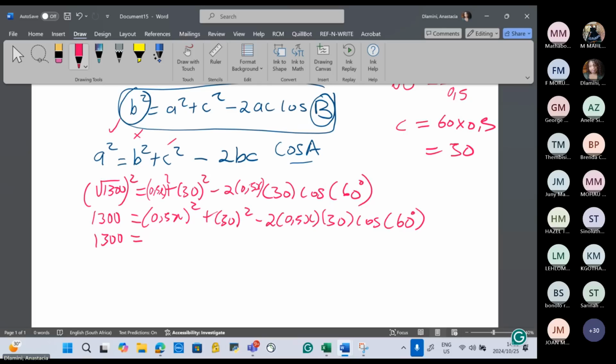Yes, because 1 over 2 squared is equal to 1 over 4, and we know 1 over 4 is 0.25. So this is 0.25 plus, what's that? 0.25 x squared.